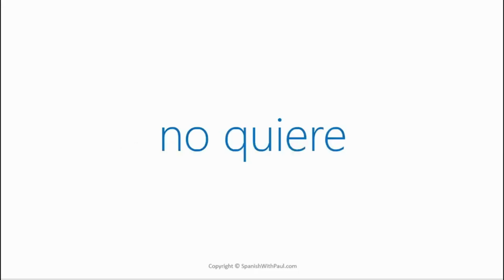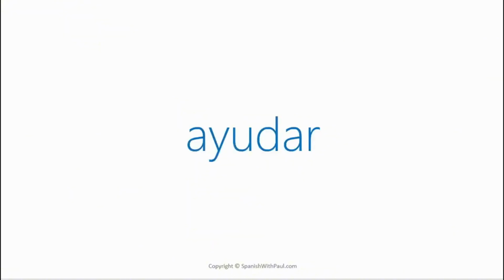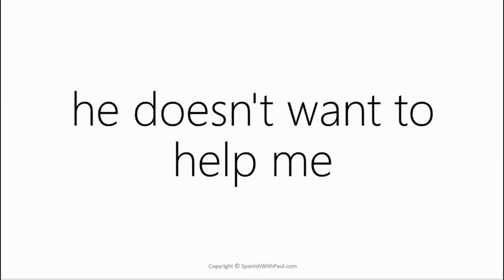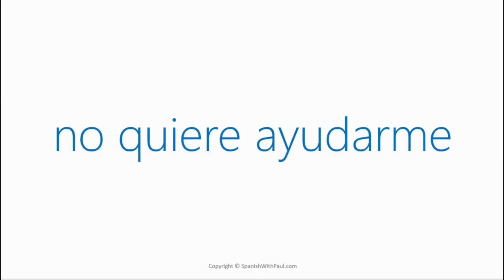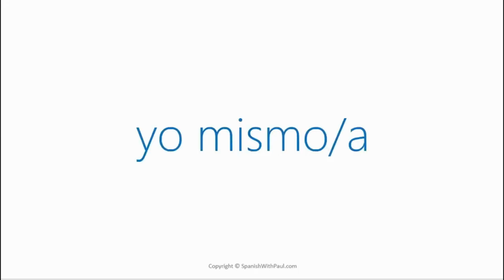What is he doesn't want? No quiere. Do you remember the verb to help? Ayudar. Now say, he doesn't want to help me. No quiere ayudarme. How do you say myself? It can be either yo mismo if you are male, or yo misma if you are female.